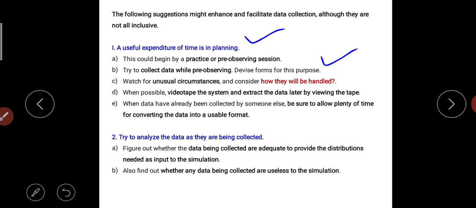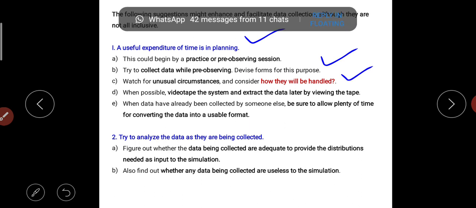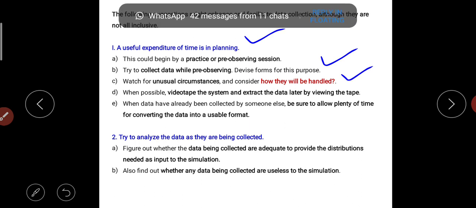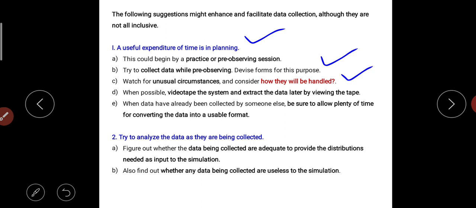Watch for unusual circumstances and consider how they are handled, and when possible, videotape the system and extract the data by viewing the tape. When the data have already been collected by someone else, be sure to allow plenty of time for converting the data into usable formats. So if the data is already available, try to convert it into different formats which are usable for the simulation of the system.